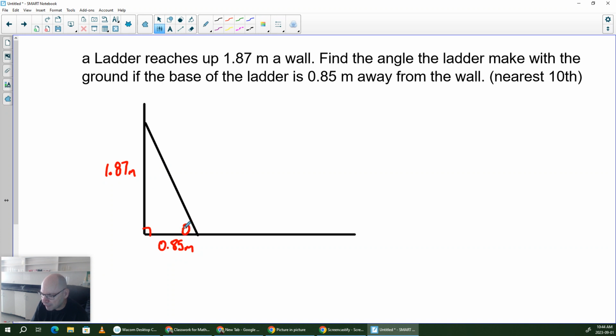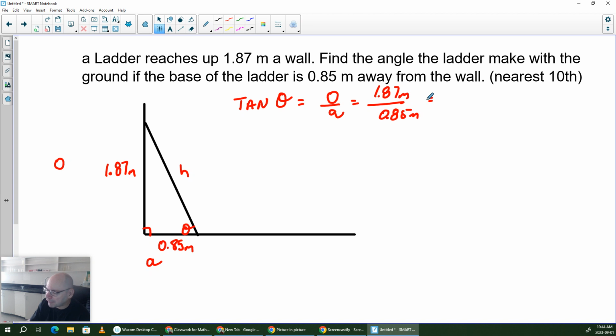So that's this angle here, theta. This would be our opposite side. This would be our adjacent side. And this is our hypotenuse here. So tan of this angle theta is equal to opposite over adjacent, which in our case is 1.87 meters divided by 0.85 meters.